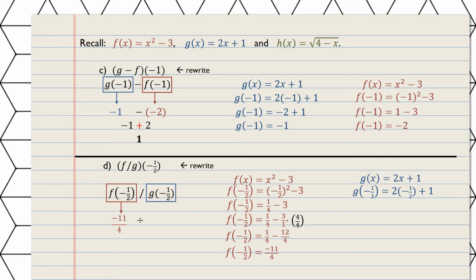Now we have no grouping that we can do. There's no exponents, but we do have multiplication because the 2 is touching the parenthesis. The only problem is negative 1/2 is a fraction and 2 is not. So you may choose to write 2 as a fraction, 2 over 1, times that negative 1/2.